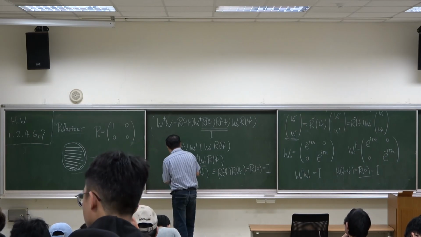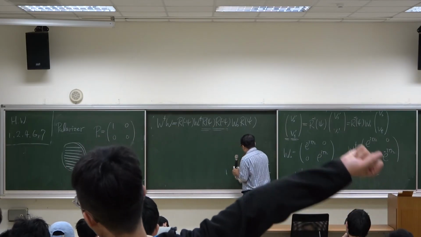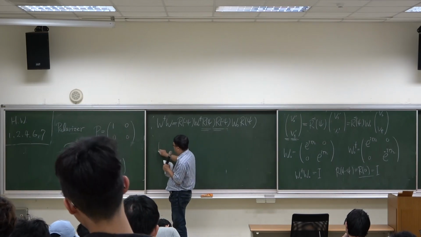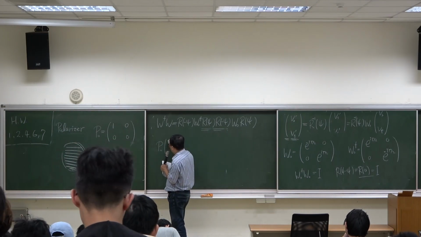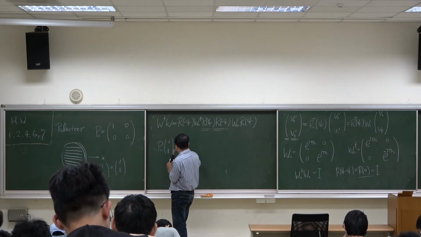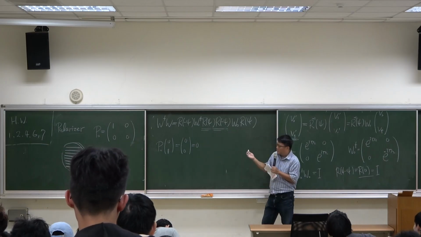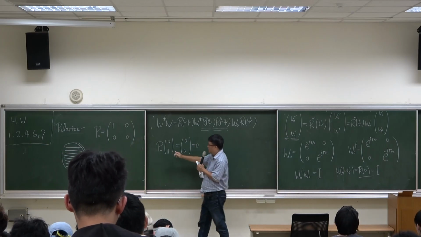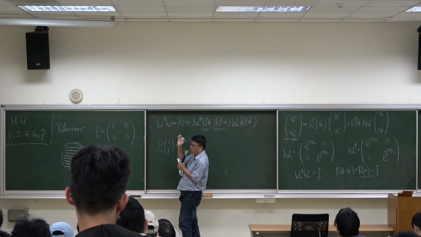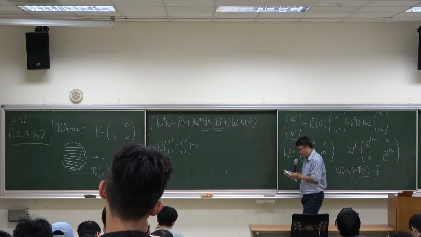However, if I multiply P0 to the 0, 1 vector, this gives us 0. Okay, this means that the light polarized along the y direction will be absorbed completely.